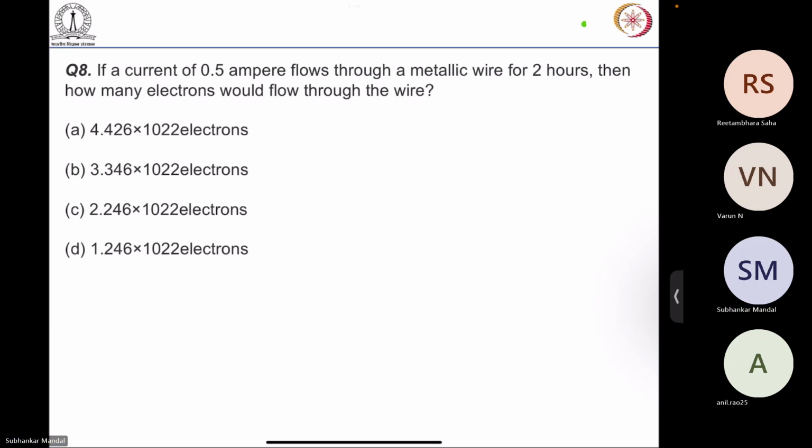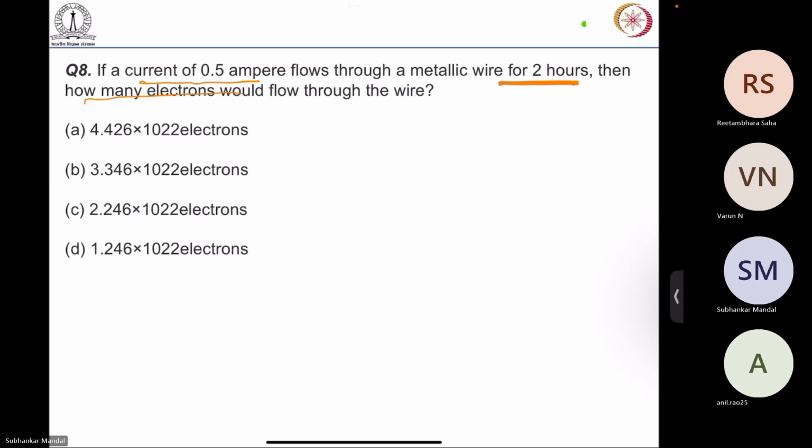Can anyone suggest how we can proceed? What are the things given? Current value is given, and time is given. Then the electron number we have to calculate.